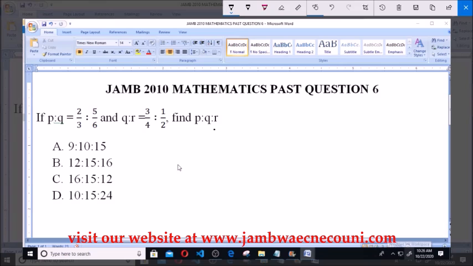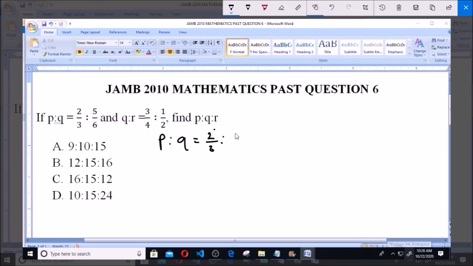We're given that, first of all, P ratio Q is equal to 2 over 3 ratio 5 over 6. That is, P is equal to 2 over 3 and Q is equal to 5 over 6. The next one says Q ratio R is equal to 3 over 4 ratio 1 over 2.